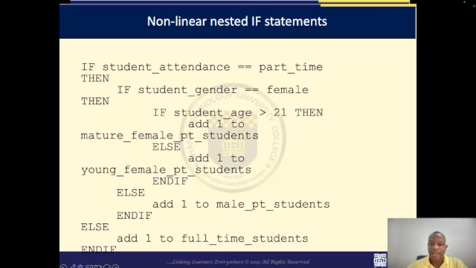So you can see that the first expression is: if student is equal to part-time, and when this is true, then we check if student gender is female. When this is also true, we drill down further and check if the student age is greater than 21. It is only after these three checks that we want to take an action.